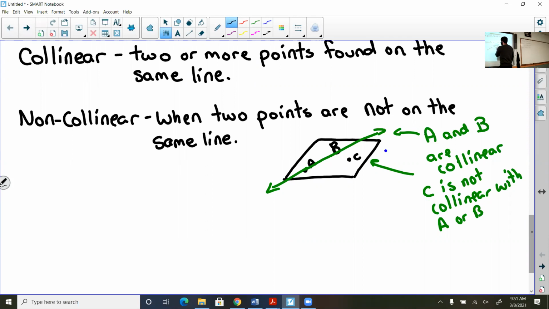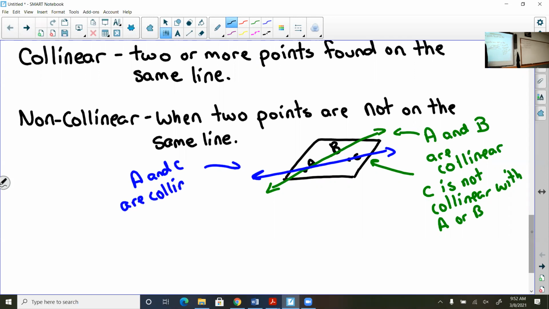Well, what if I did something like this? Now by having a second line, line AC, I am now able to say that A and C are collinear.